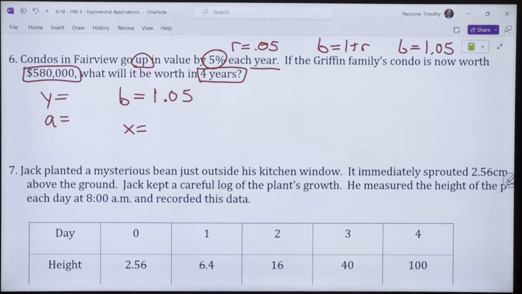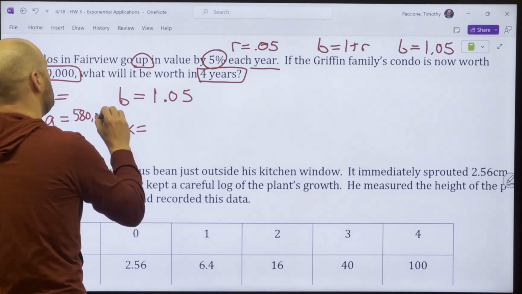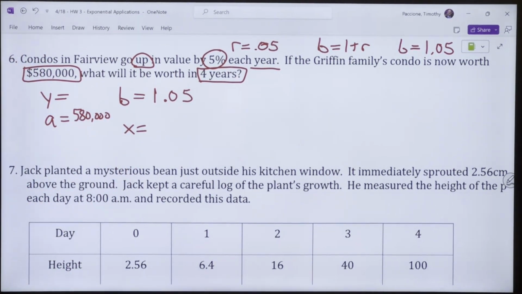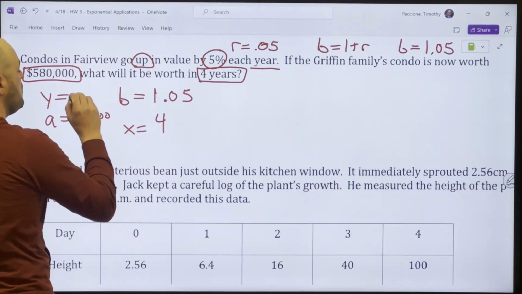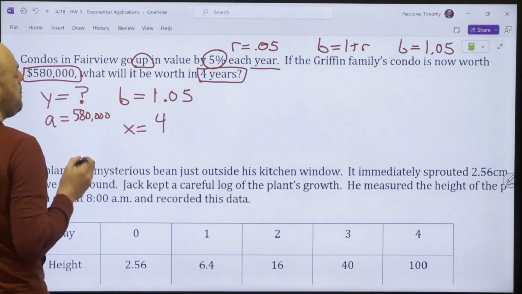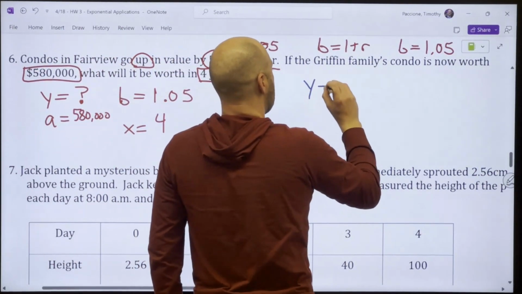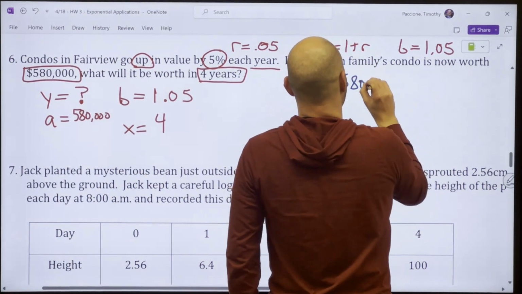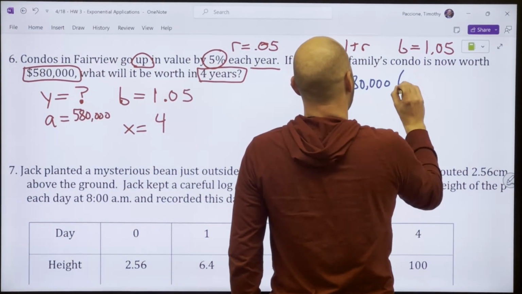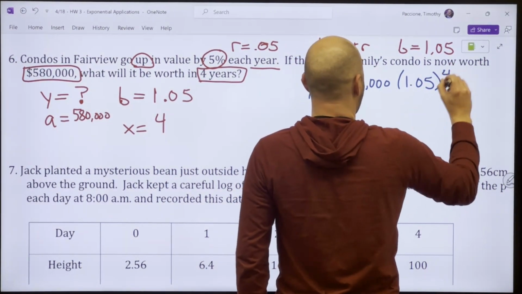All right, it's worth $580,000 right now. So what's that? In terms of, that's my A. That's my starting 580,000. What will it be worth in 4 years? What's that? That's my X. So I'm looking for Y. Right? So that'll be nice because Y is always by itself. So I just need to plug this in. 580,000 times 1.05 to the fourth.